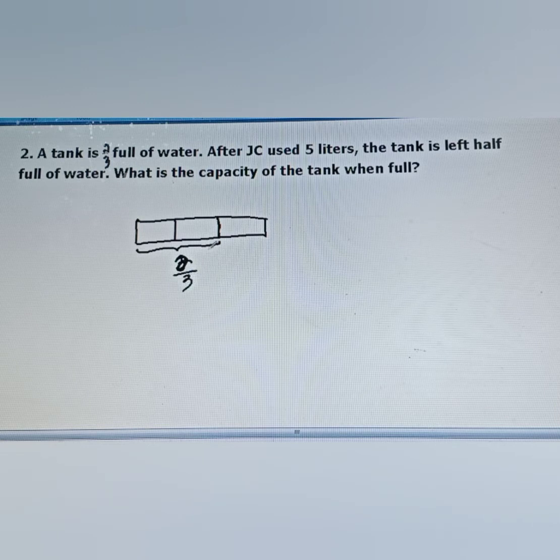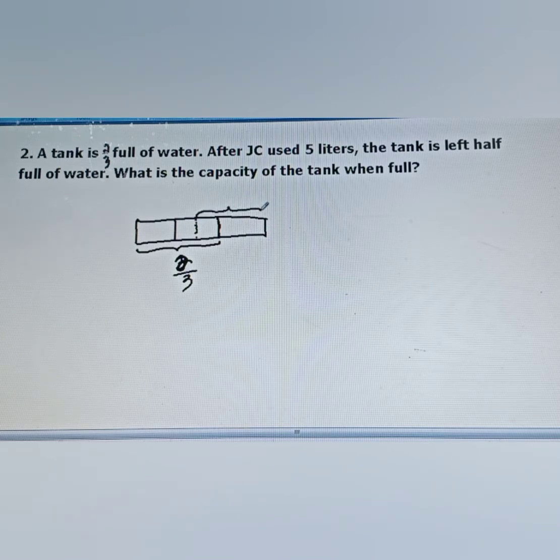But after JC used 5 liters, the tank is left half full. So the half is here, correct? If you draw a dotted line here, that's half of the entire block.